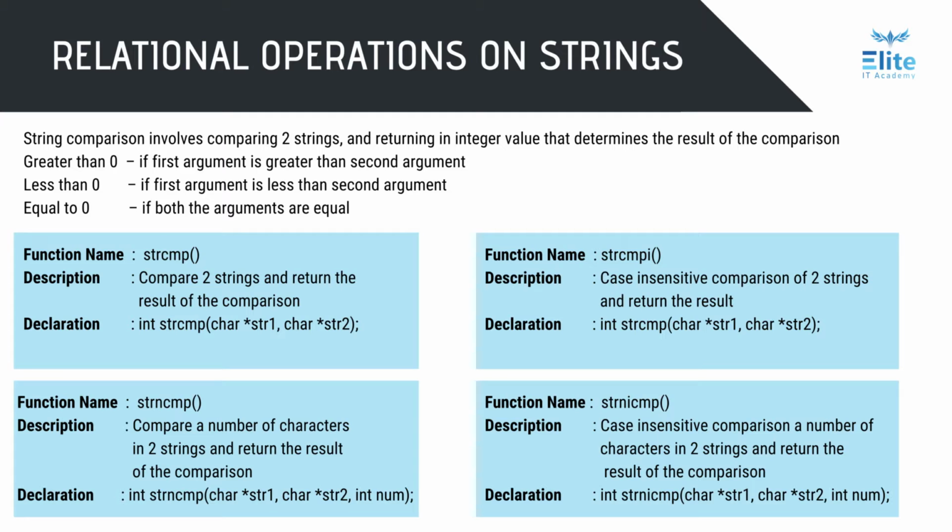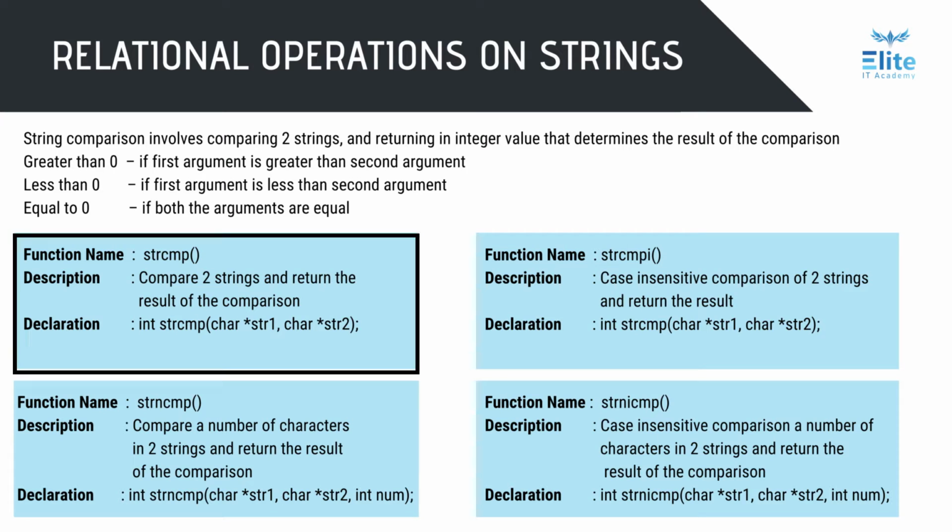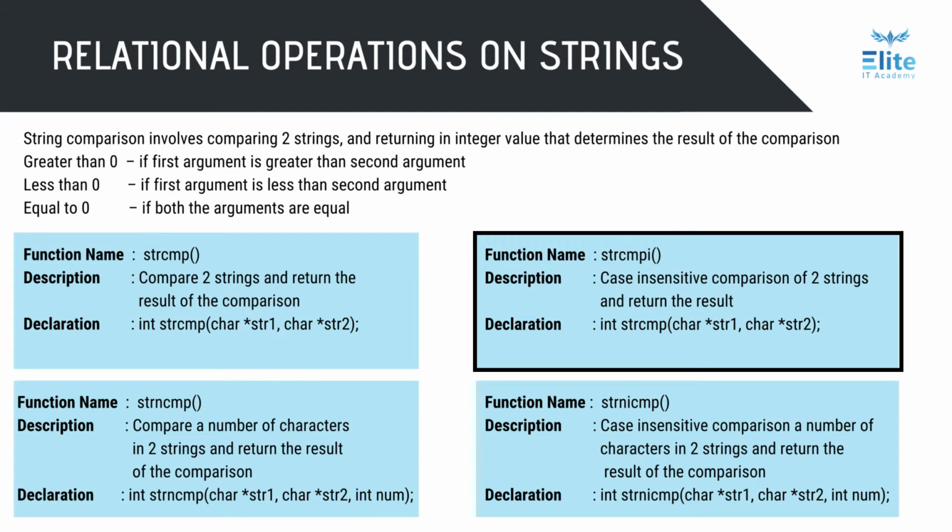There are different versions of the same function. The function strcmp is a case-sensitive compare. That is, uppercase A is not considered to be the same as lowercase a. The function strcmpi ignores the character's case when comparing. It treats an uppercase A and a lowercase a as the same.